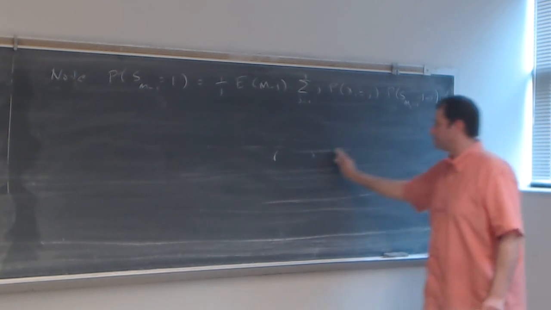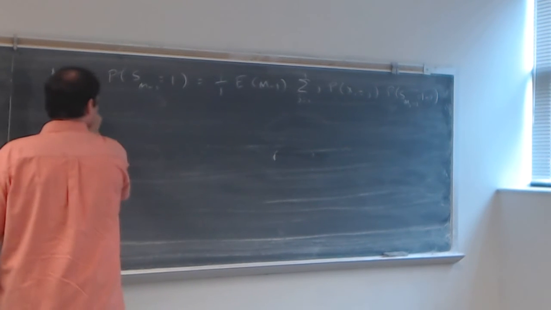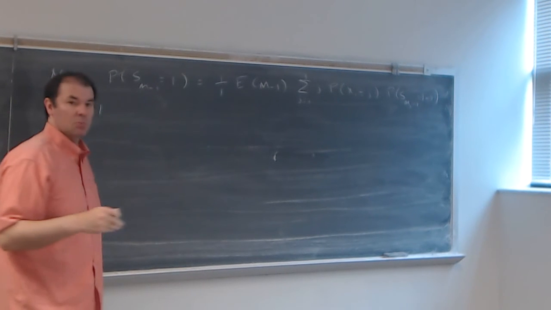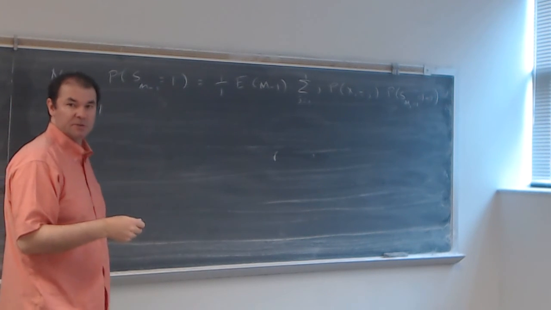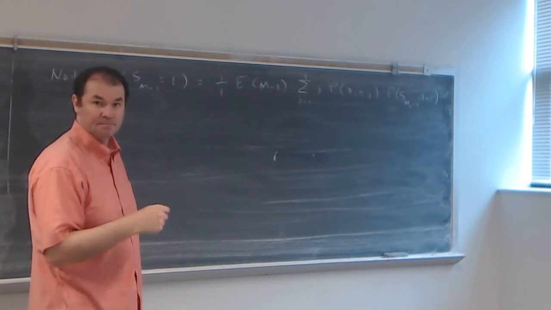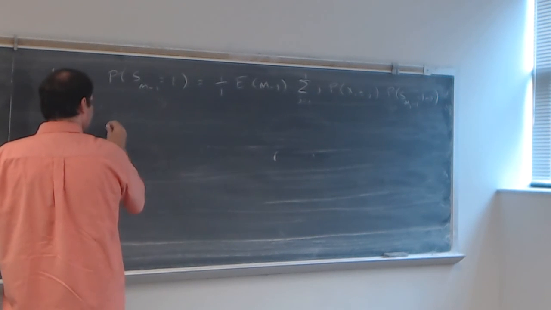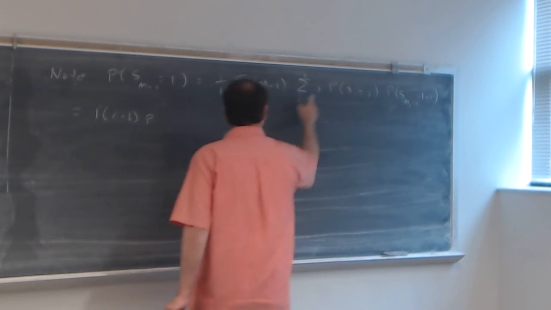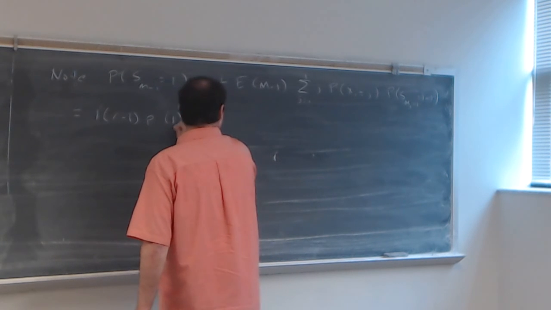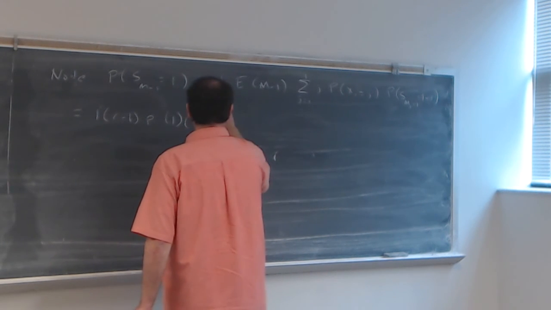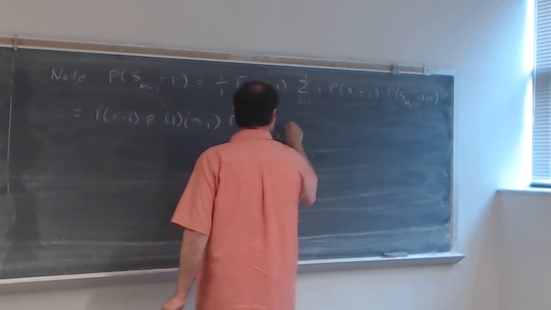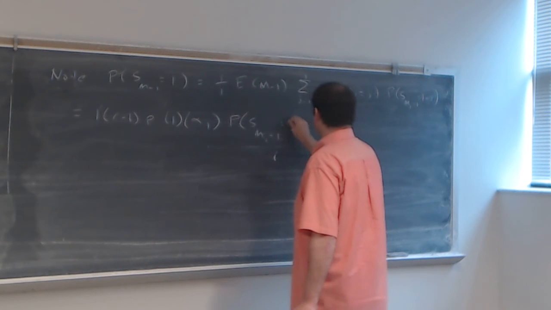And this guy right here, what's the expected value of m sub 1? Well, m sub 1 is going to be binomial with parameters r minus 1 and p. So here, this is going to be 1 times r minus 1 times p. Here, we're only going to have one term. So there's 1. This is alpha sub 1. And now the probability that s of m sub 1 minus 1 is equal to, here, 0.